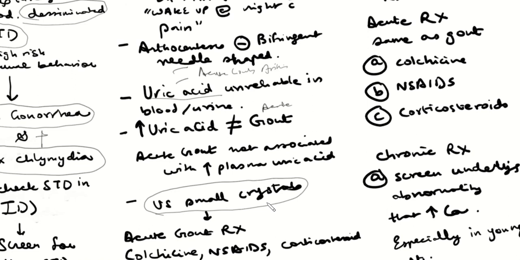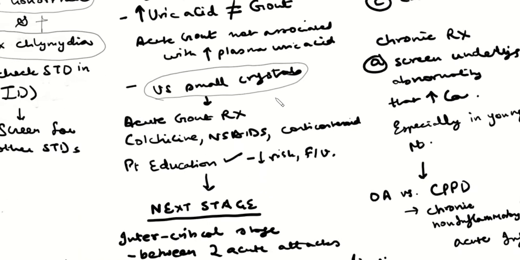So the patient comes in with the first attack, and now they have an acute gouty attack. How does one treat it? It's colchicine and NSAIDs that are used along with corticosteroids to suppress the inflammation and pain.